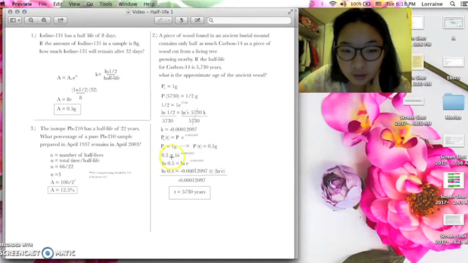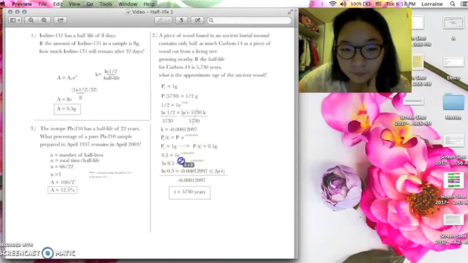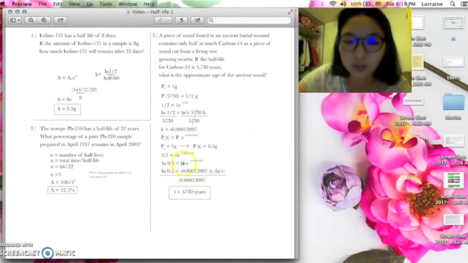So 0.5 equals 1 e to the exponent of negative 0.0001297 t. Once again, we use ln of e, which equates to 1.